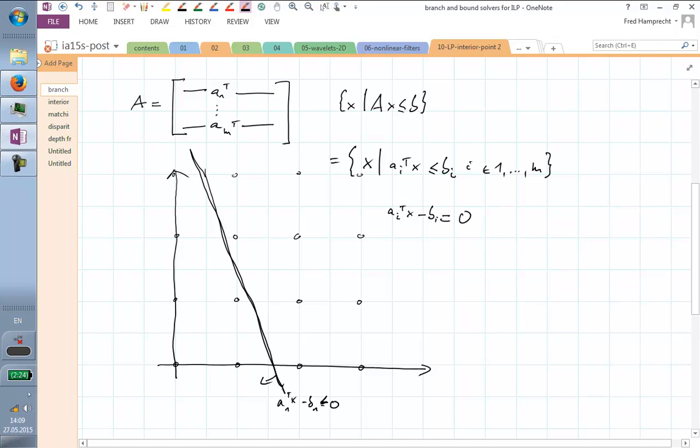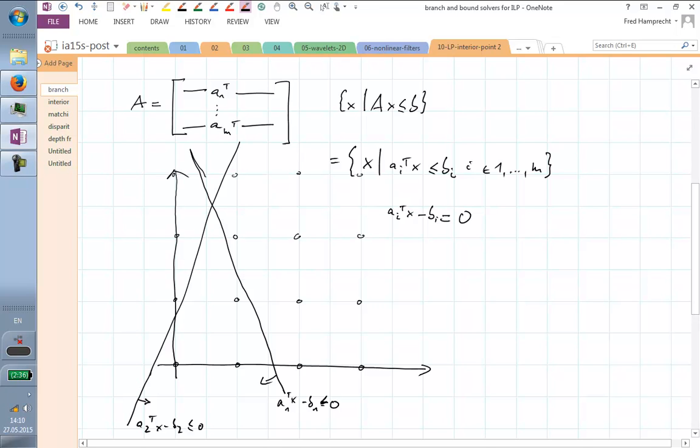Now I will add a second condition, saying that A2 transpose x minus b2 should be no more than 0. And this again defines a feasible half space, namely everything to the right of this line. So everything in the direction of the arrow which I've drawn is feasible.